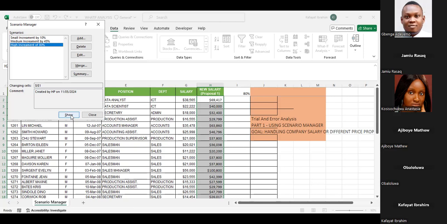I observed something here, sir. I think this is more like absolute referencing. The medium one increased by 10% affects all the rows. Exactly. The other one also affects all the rows. Thank you very much, sir.